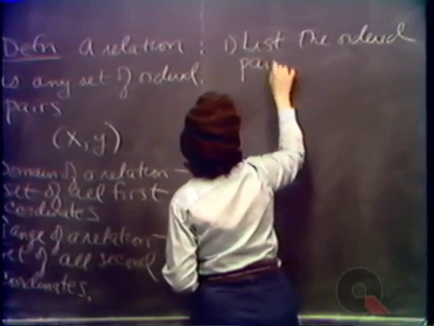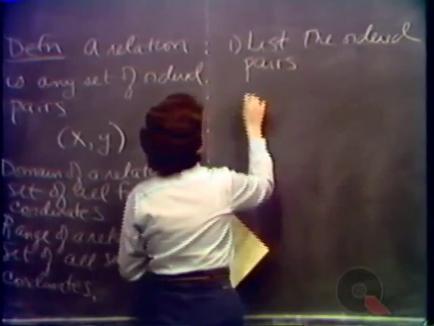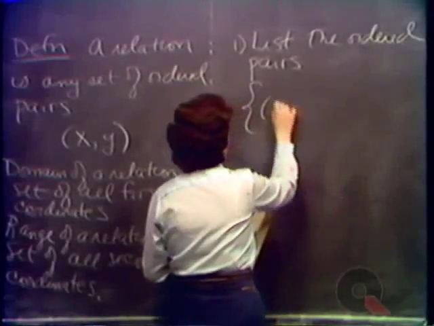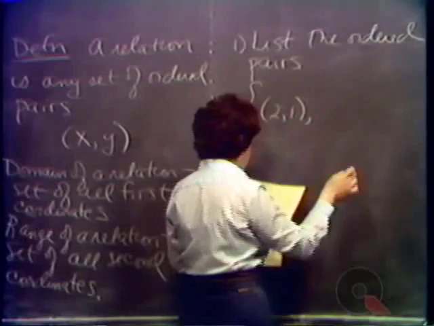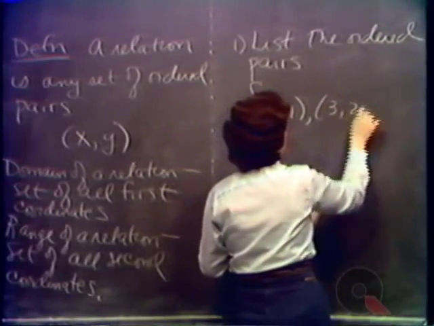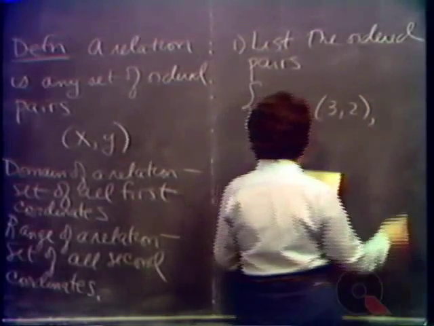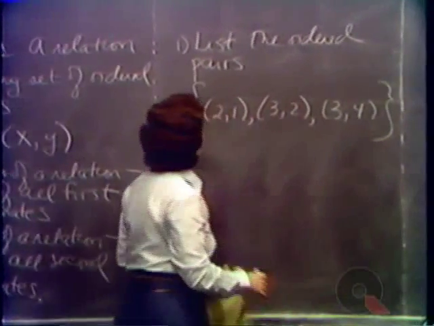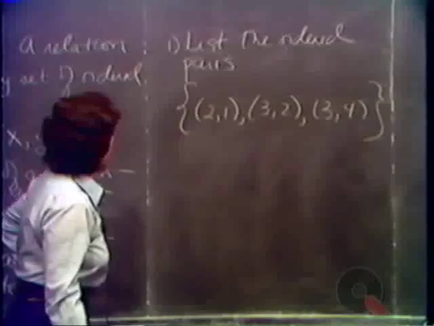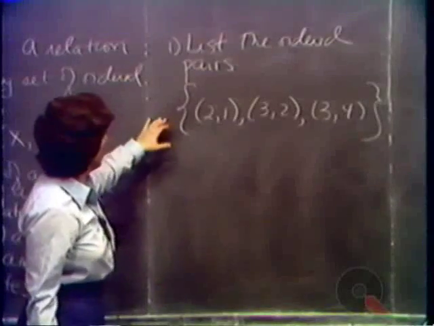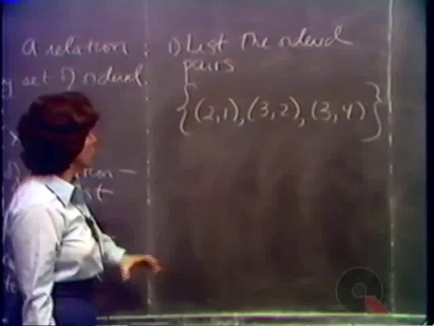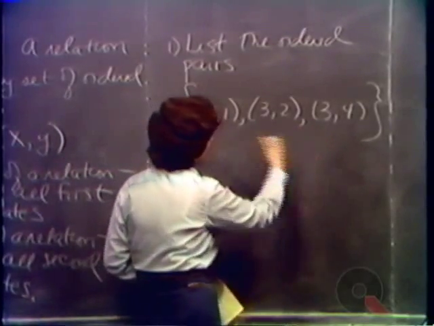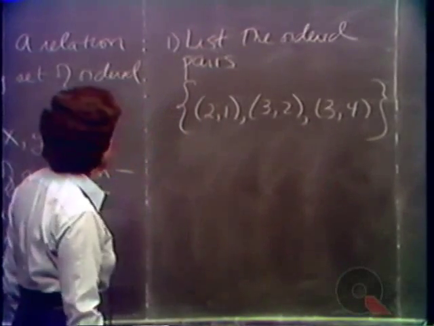We could have the following relation: the set consisting of the following ordered pairs: 2, 1; 3, 2; and 3, 4. This is a relation, and we've simply listed the ordered pairs in the relation. In this case, this relation consists of just these 3 ordered pairs.